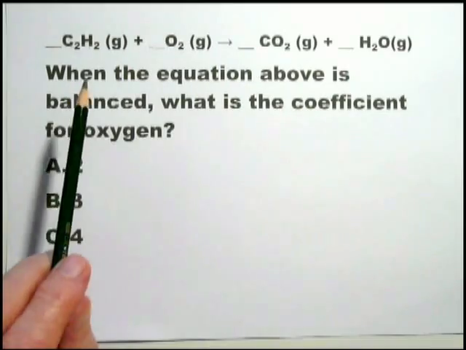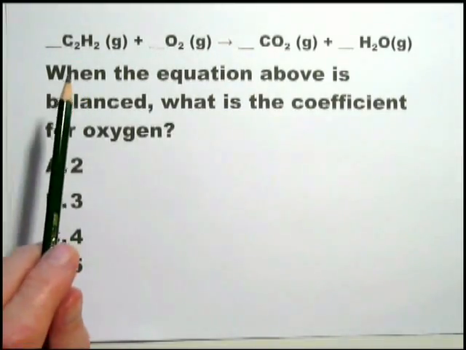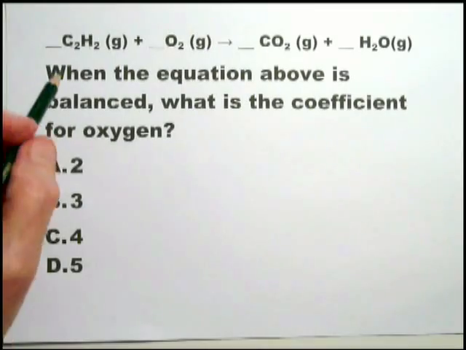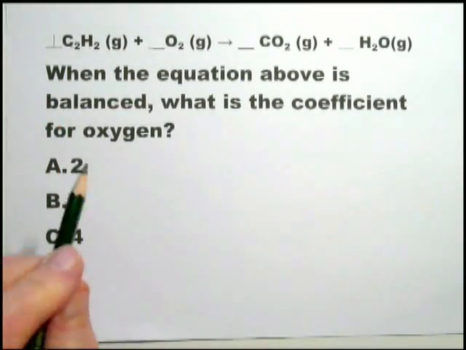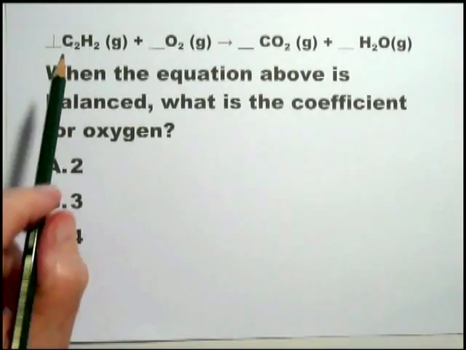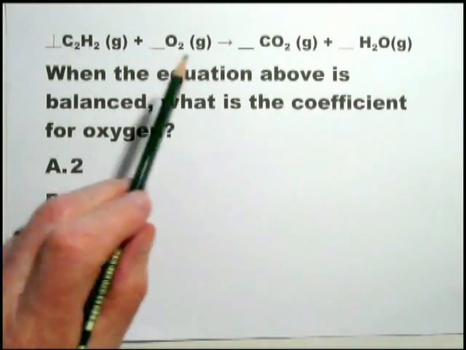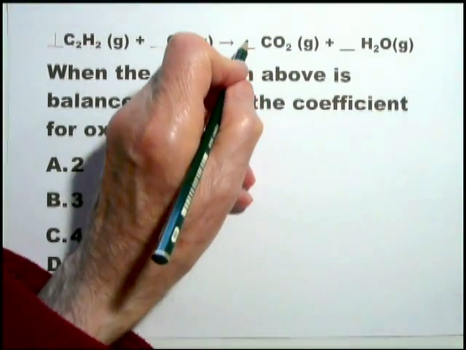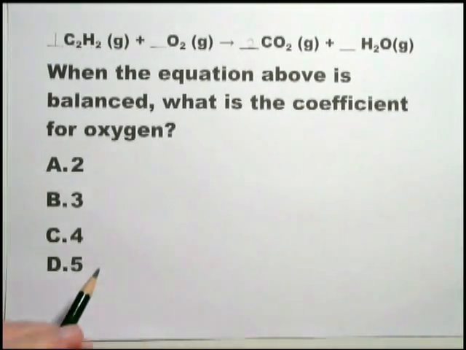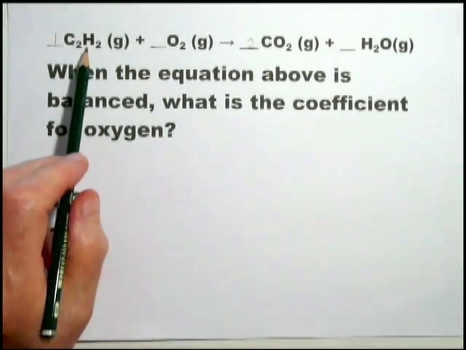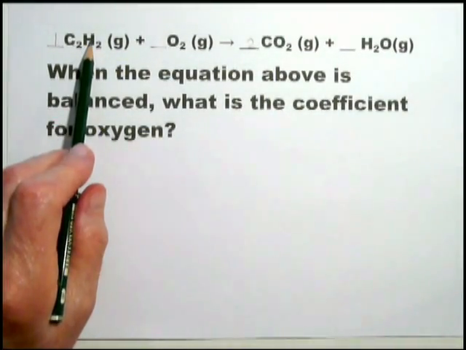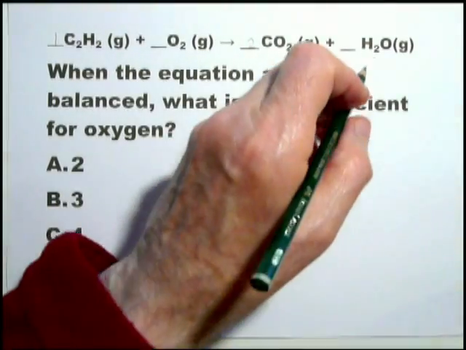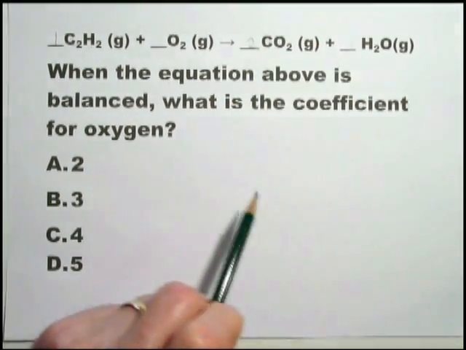Now, I would suggest that you make a simple assumption initially, and that is that this is 1. That simplifies it. Then from 2 carbon atoms, you know there must be 2 CO2. Okay, and from H2 there must be 1 there.